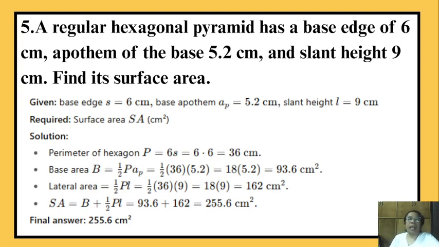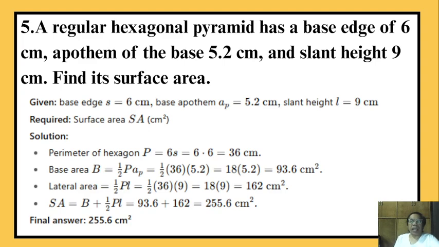What about the lateral area? That is 1 half times P times the L. So the perimeter is 36, and then our slant height given is 9. Therefore, the lateral area is 1 half times 36 times 9, and that's equivalent to 162 centimeters squared. So therefore, the surface area is equal to area of the base, which is a hexagon.